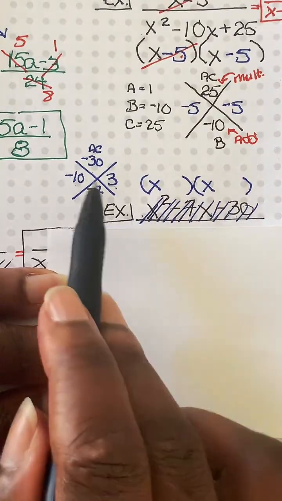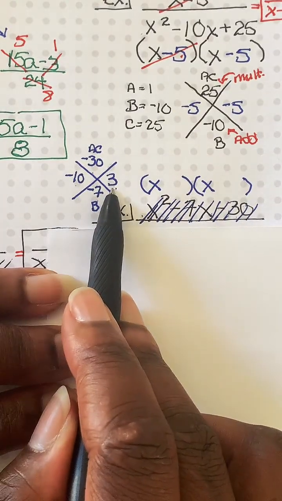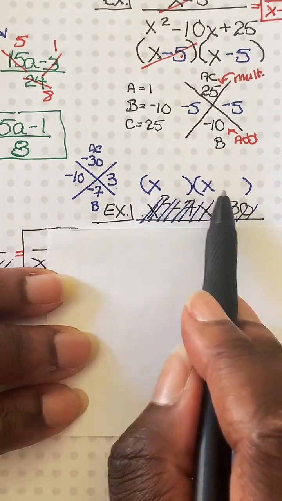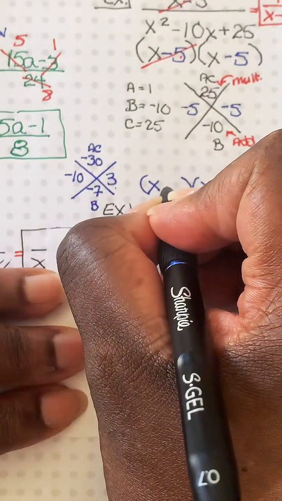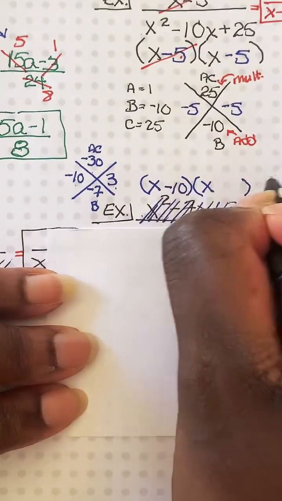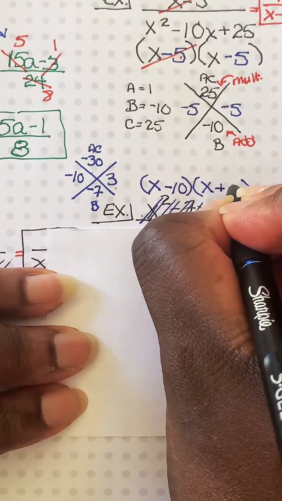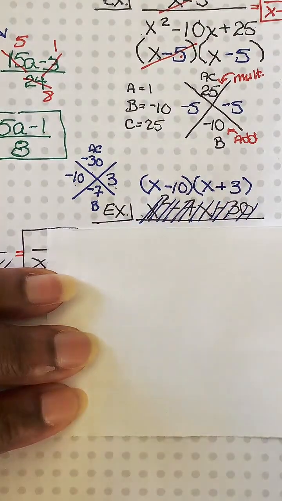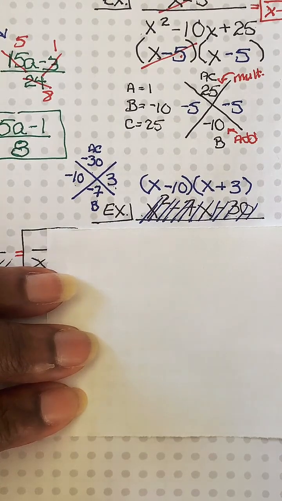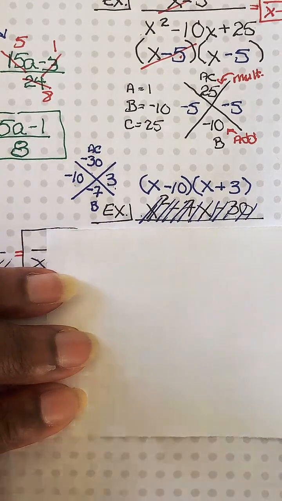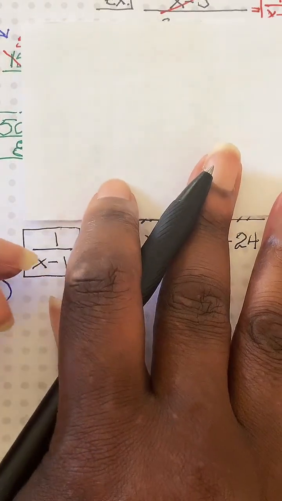This negative 10 and this positive 3, we're going to put inside of our parentheses. So you have a negative 10 and a positive 3, so it'll be a plus 3. So that numerator is factored. Move on. Now we've got the denominator.